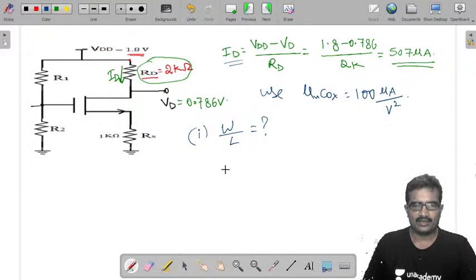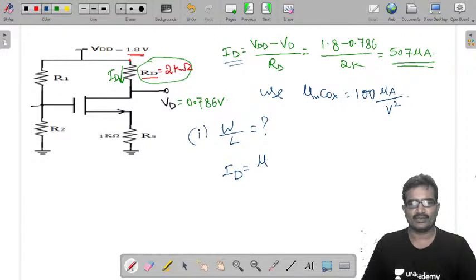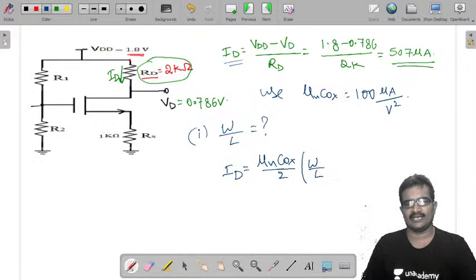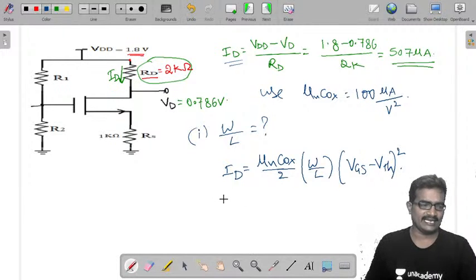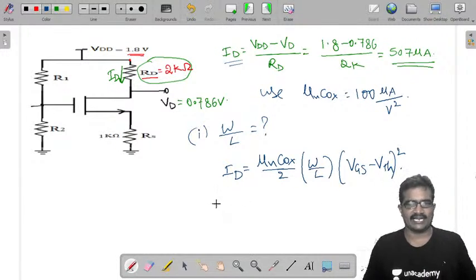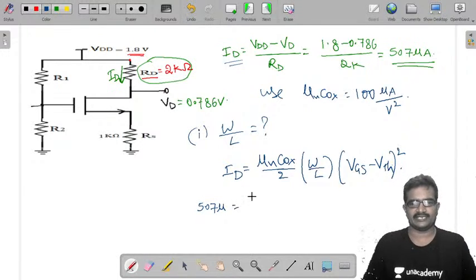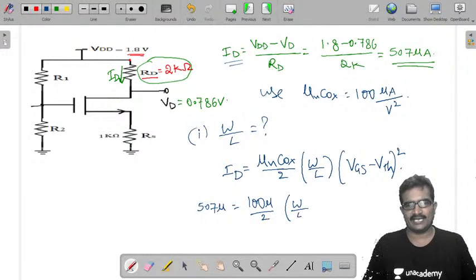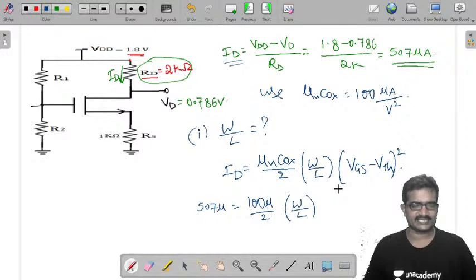Now, we know the equation for ID. ID is mu n COX by 2 into W by L into (VGS minus VTH) whole square. Now ID we calculated as 507 micro, equal to 100 micro by 2 into W by L. First we need to calculate VGS.